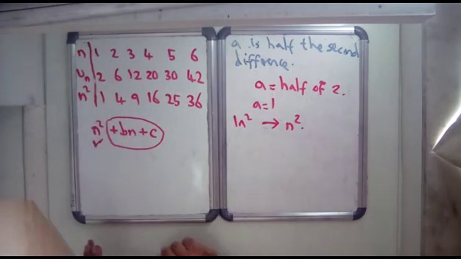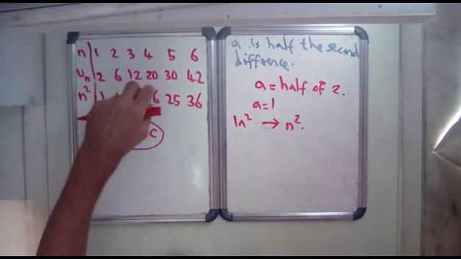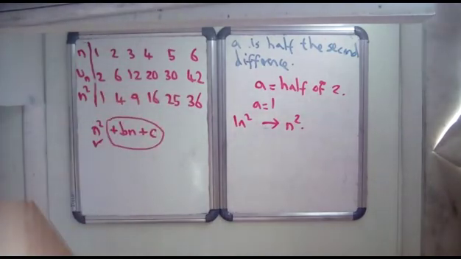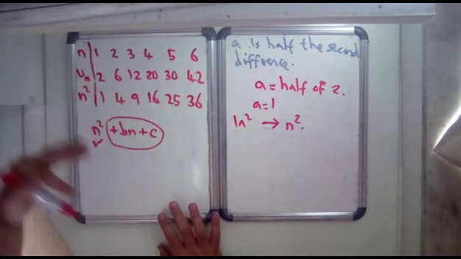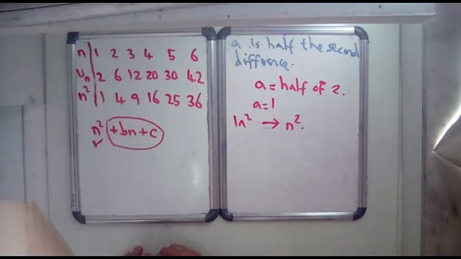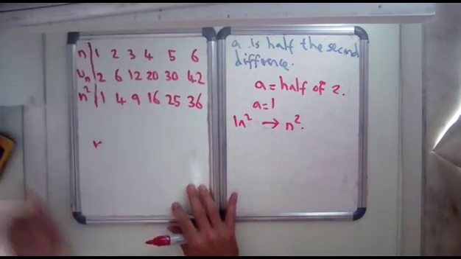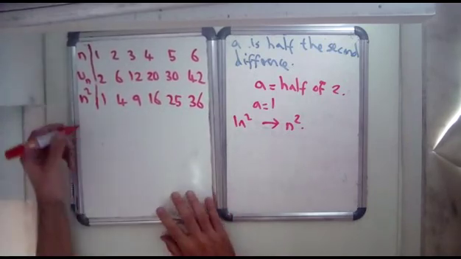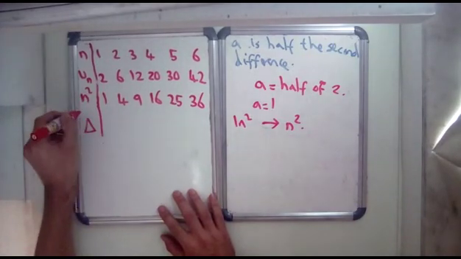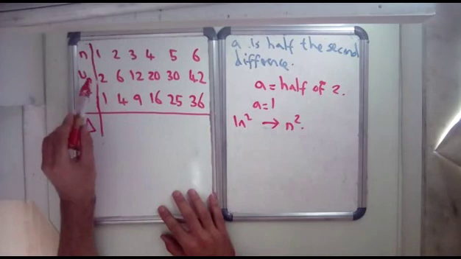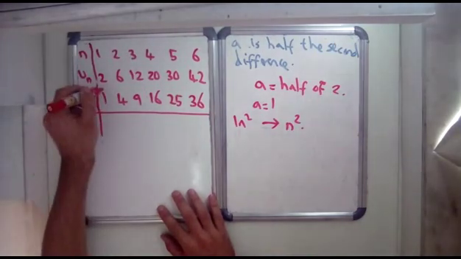So if I could work out the difference between the actual terms and this n squared, if I take the n squared bit away, what's left, everything I need to make up, comes from the bn plus c. So what I'm now going to do is take away. In your notes you'll see it as some sort of arrow like that. It's basically the difference between the actual terms in the sequence and the n squared bit.